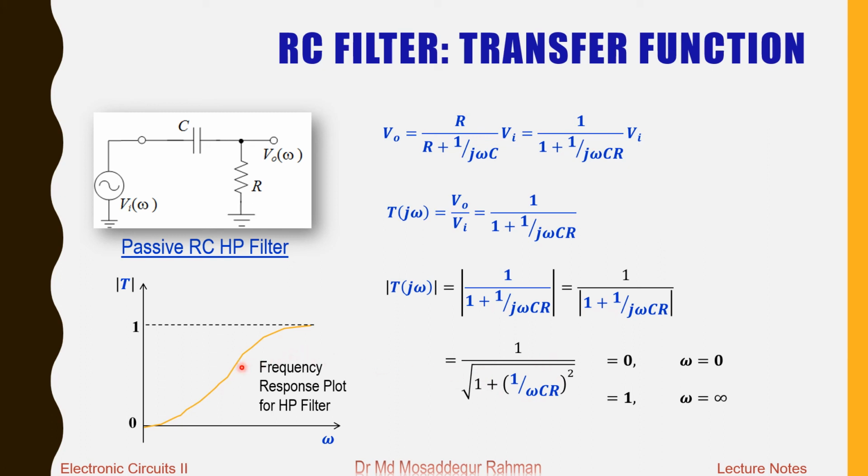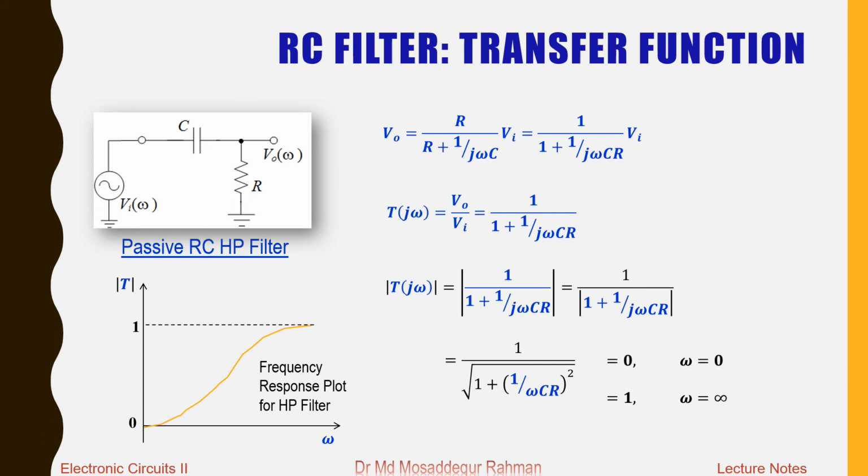So what we get here, that this magnitude expression of the transfer function does represent this variation of this frequency response plot, that at 0 frequency you will have magnitude 0, and at very high frequency it will approach 1.